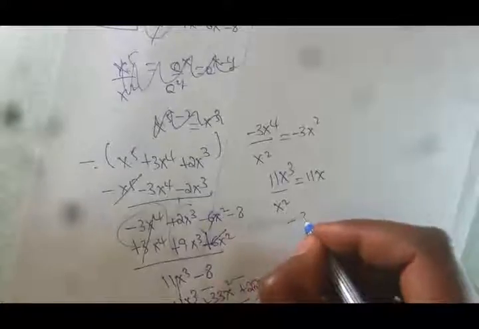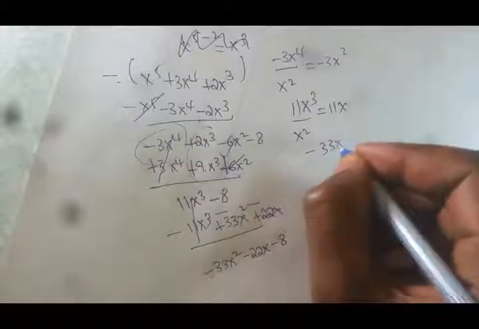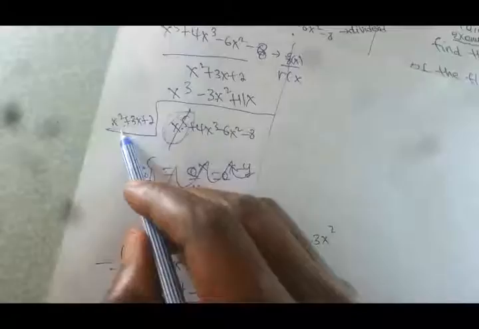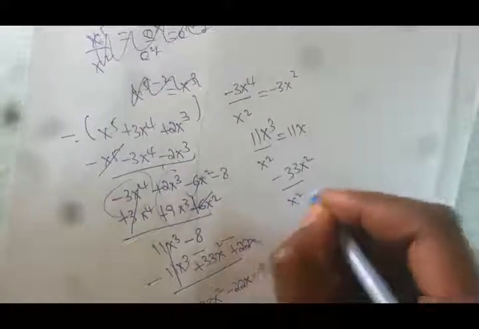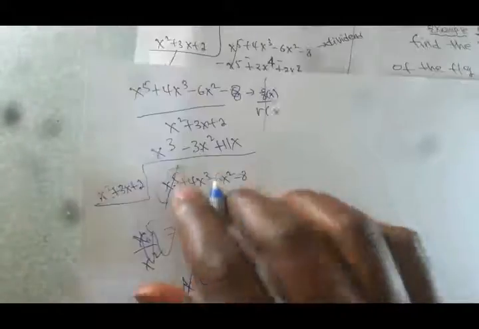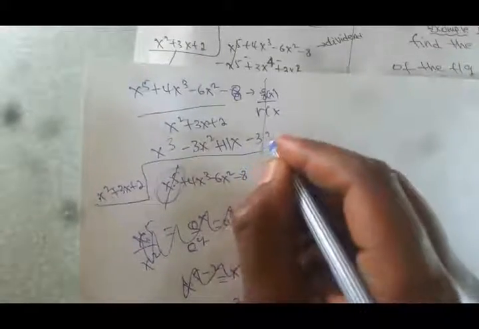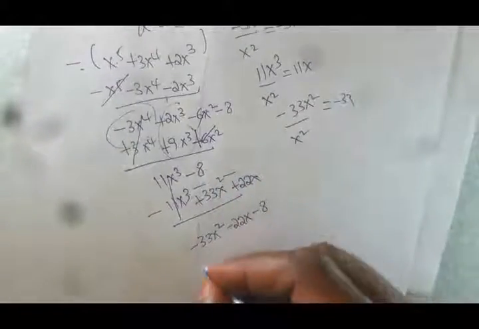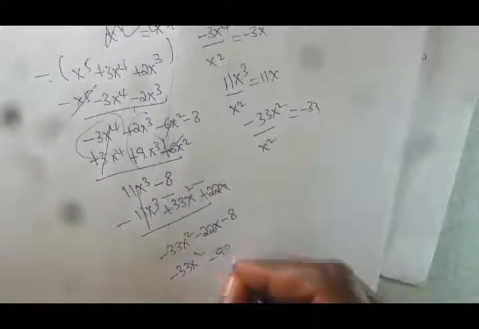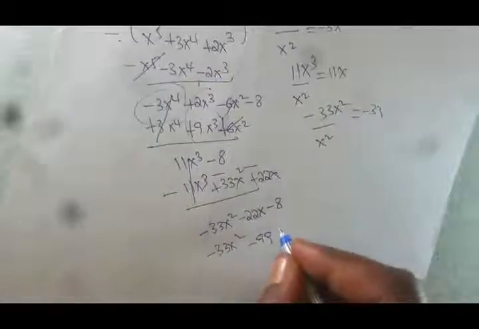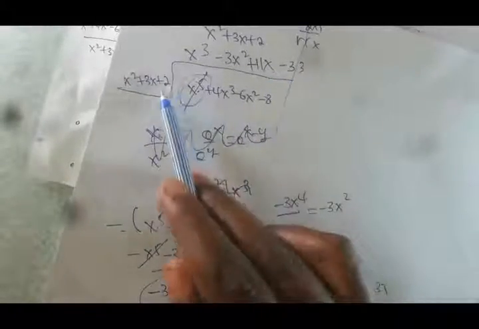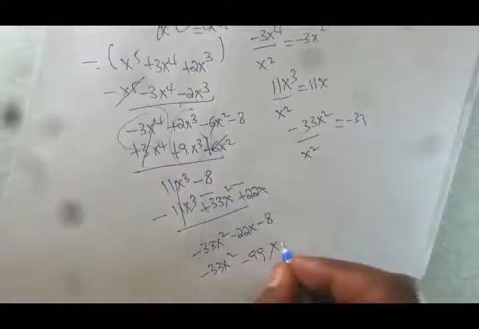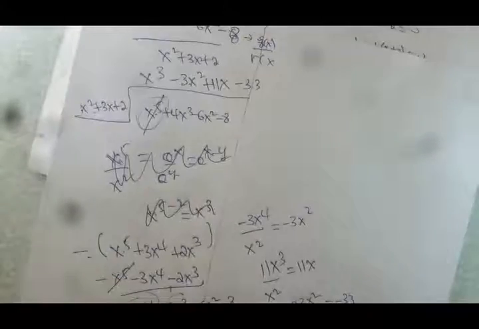Therefore minus 33x squared divided by this leading term x squared is equal to minus 33. So we will write minus 33. Therefore minus 33 times x squared gives minus 33x squared. When minus 33 is multiplied by 3x, we get minus 99x, and minus 33 times 2 is minus 66.